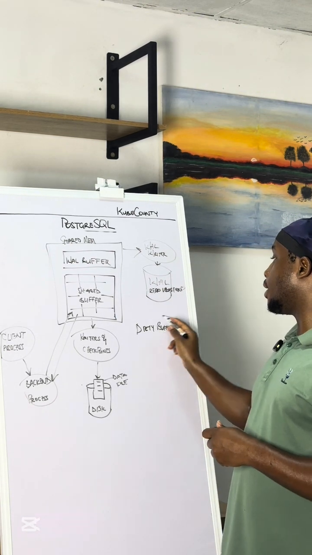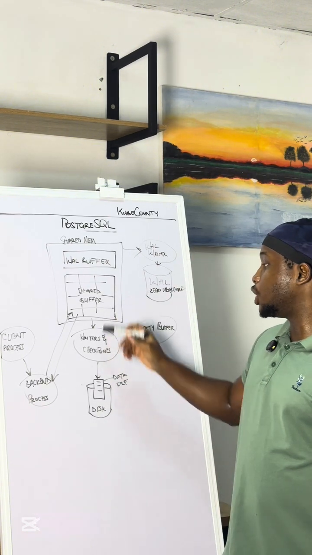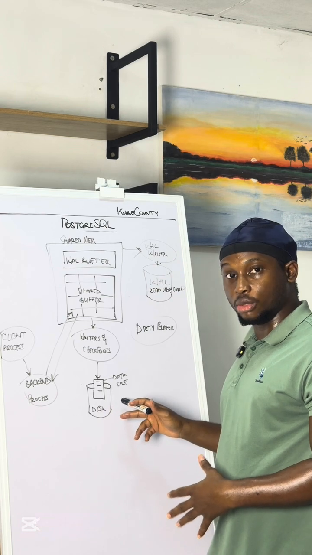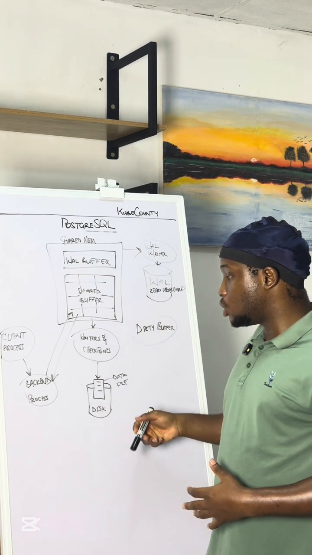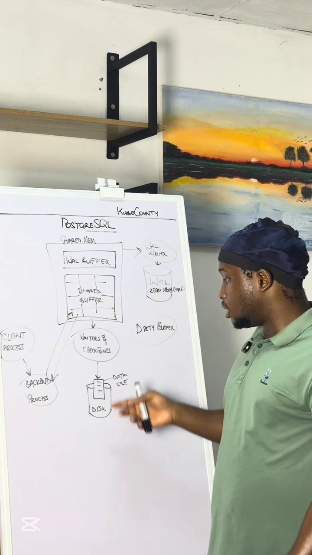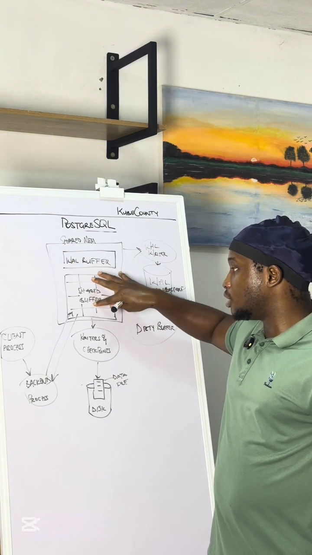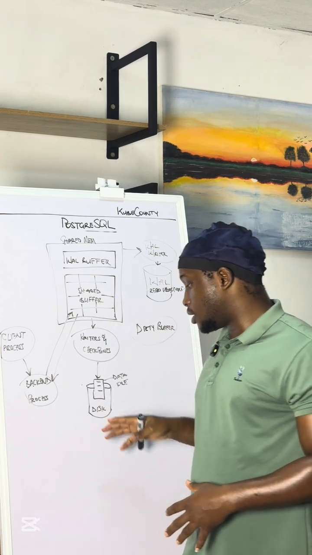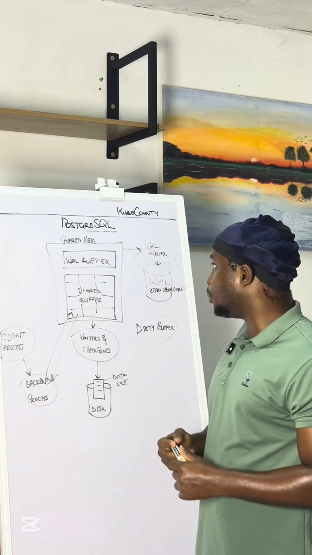This occurs when there are files in the shared buffer that are modified and that modification is not yet replicated in the data file on the disk. So the writers write those changes, and the checkpoints periodically check that the state of the data in the shared buffer is the same as the state of the data in the disk. And this is how the processes work in Postgres.